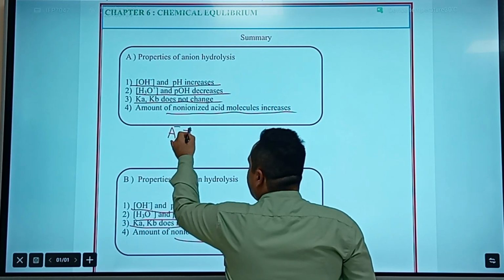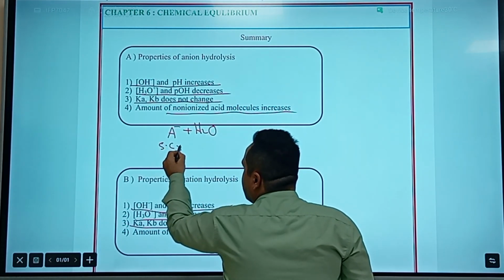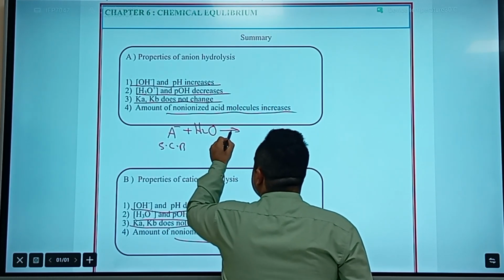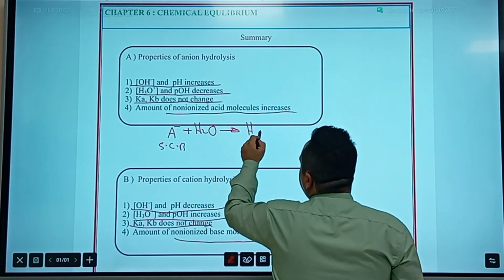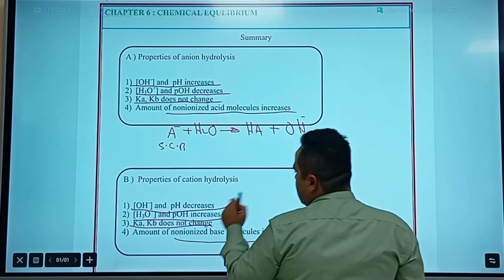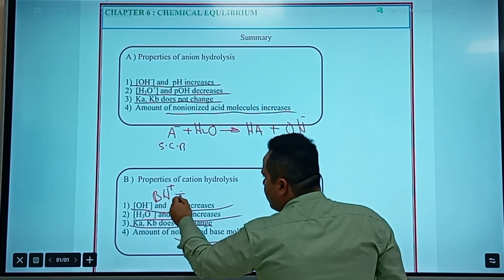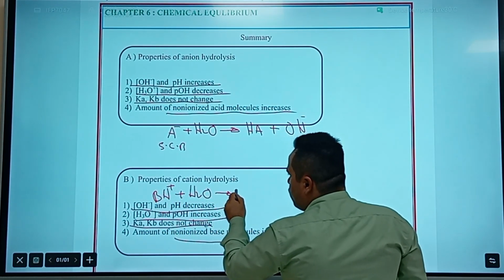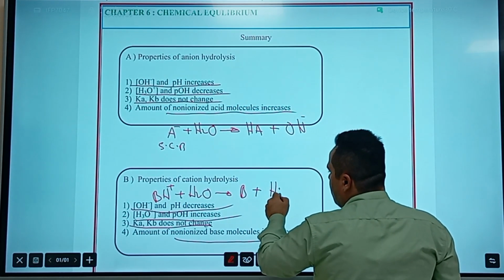A negative plus H2O. A negative is a strong conjugate base, will produce HA and hydroxide. This one as well, BH positive plus H2O will produce B plus hydronium.